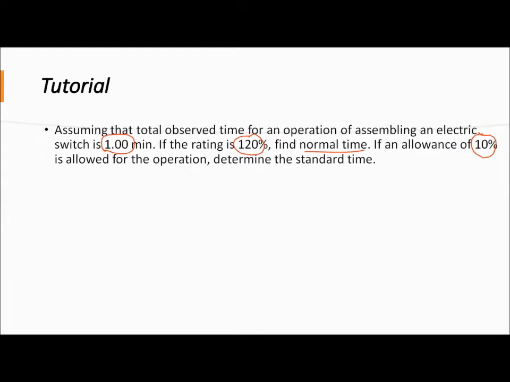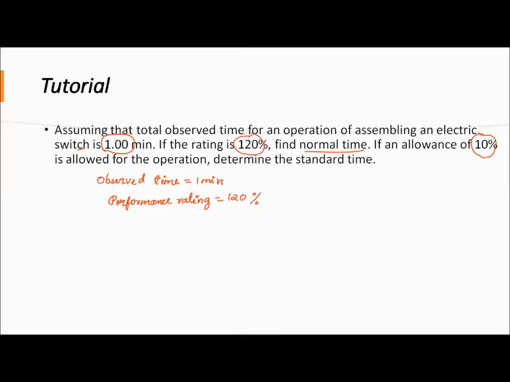So what all is given? First of all, you have what is called the observed time. So what is the observed time? It is 1 minute. And the performance rating is equal to 120 percentage.